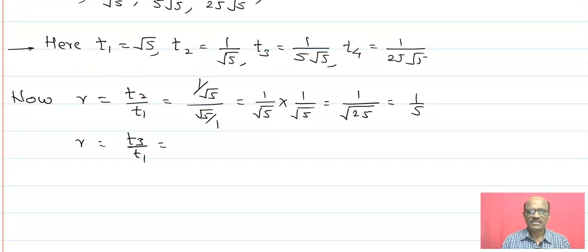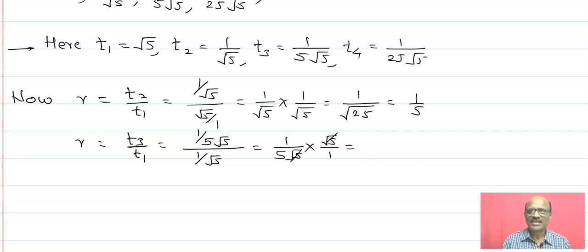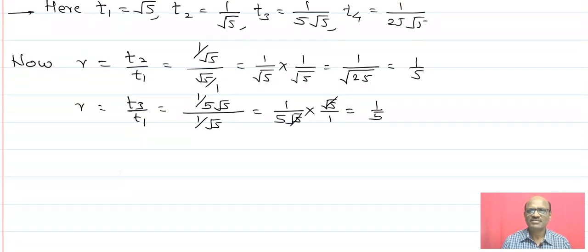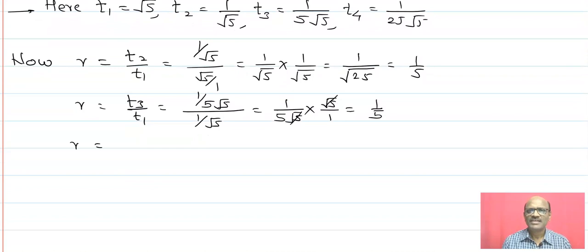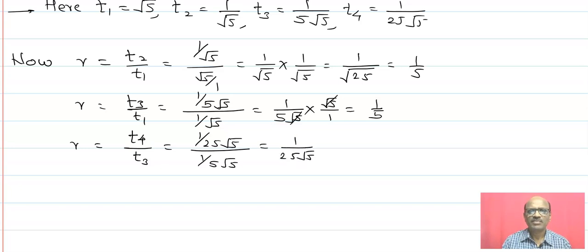Next, T3 upon T2, that is 1 upon 5 root 5, and again it is multiplied by the reciprocal of the term, which is root 5 upon 1, therefore root 5 gets cancelled, and you are getting 1 upon 5. Next ratio is T4 upon T3, that is 1 upon 25 root 5 upon 1 upon 5 root 5.